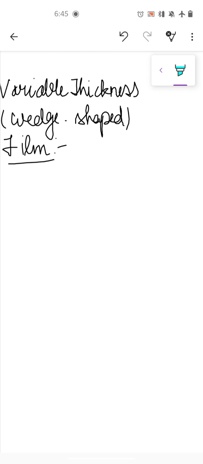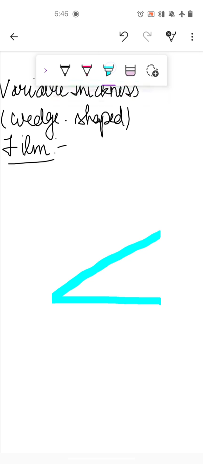So here we see that there is a thin glass plate over which another thin glass plate is kept, and it is folded with a thin sheet.